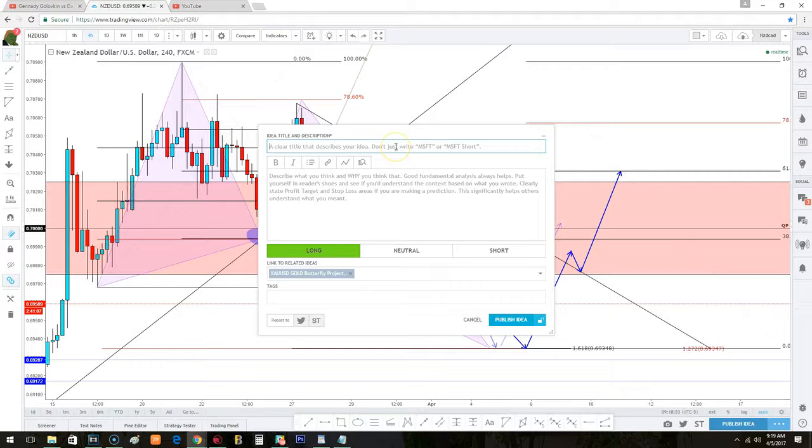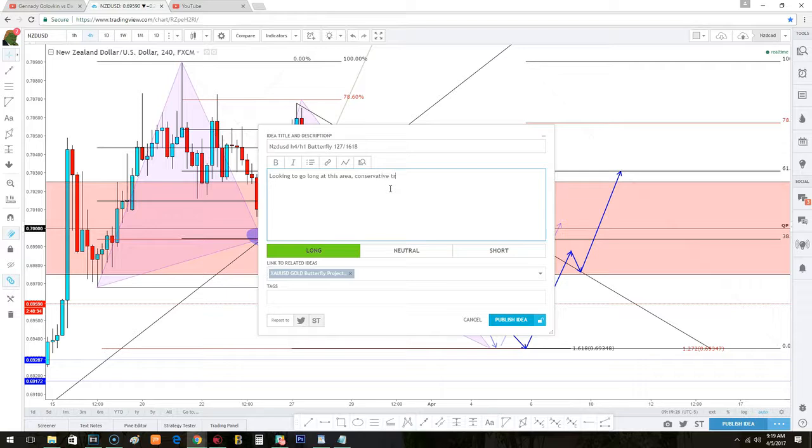Just to troll them real quick. New Zealand dollar, H4, H1, butterfly, 127. Looking to go long at this area.